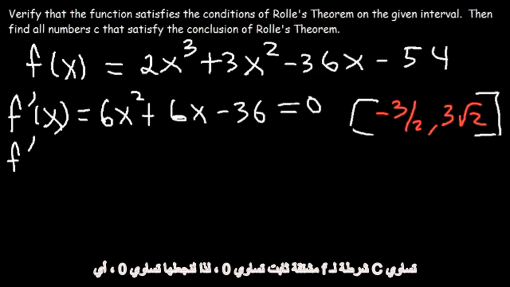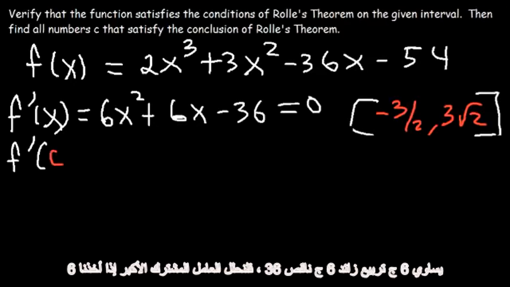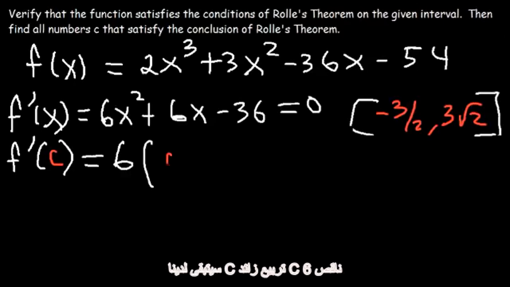So f prime of c is equal to 6c squared plus 6c minus 36. So let's factor the GCF. If we take out 6, what we're going to have left over is c squared plus c minus 6.